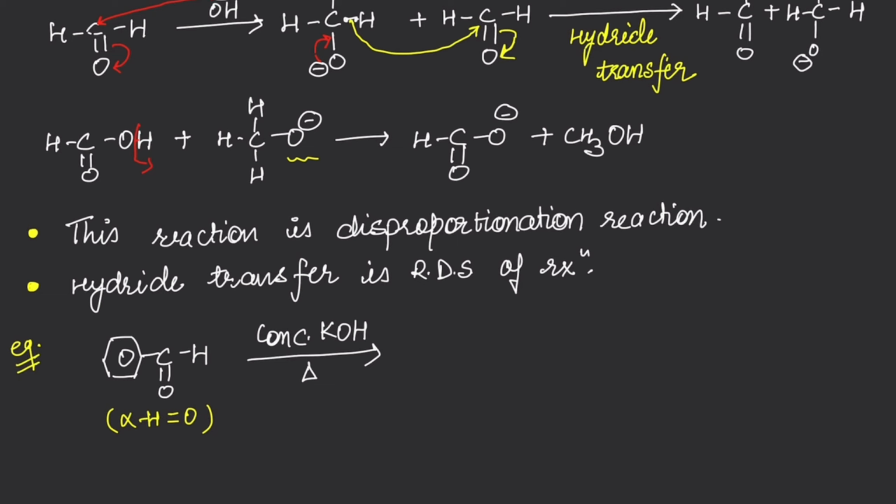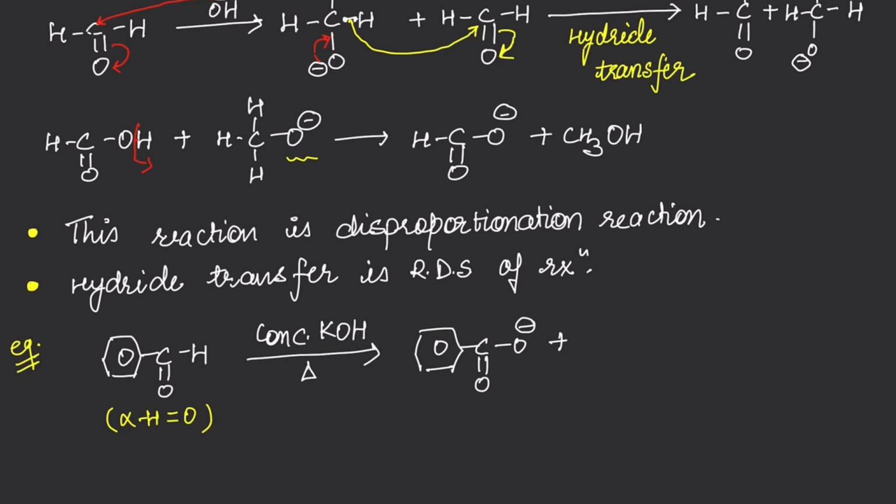If there is no alpha hydrogen in this reaction, it can convert into an alcohol as well as an acid. Just check it out. It forms the salt of an acid, and another product it can give is an alcohol. So this is the alcohol here.